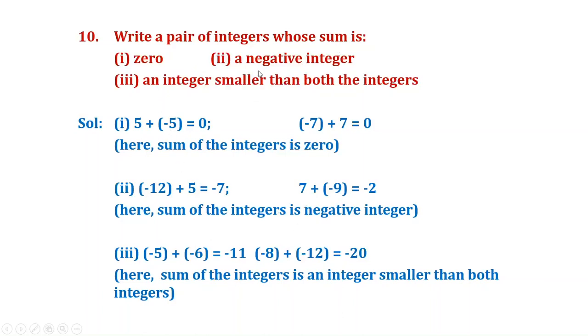Next one. Whose sum is an integer smaller than both the integers. An integer smaller than both the integers means if we add two negative integers, the sum of both the negative integers is always smaller than the given two integers. So that's why I am taking two negative integers and adding. The answer, which is minus 11, is always smaller than both minus 5 and minus 6 here.